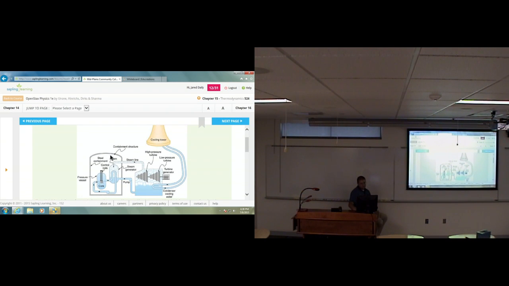You have your nuclear section here, which is contained in a big containment building, a containment structure, usually completely concrete and steel. And inside of here you have your uranium, your plutonium, whatever it is that's doing the reaction. And it heats up the pressurized water here in the pressure vessel.